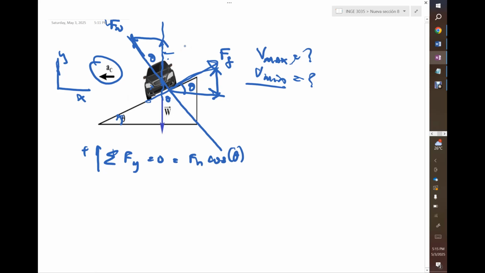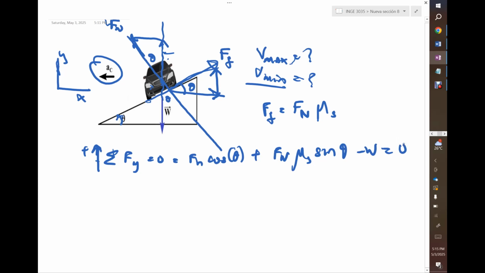What else is going up? Ff is going up as well. Remember that Ff is equal to the normal force multiplied by mu s. In this case it's going up, which is the positive direction here. That means plus Fn mu s times sine of theta. Now W is the only one going down, minus W equals 0.